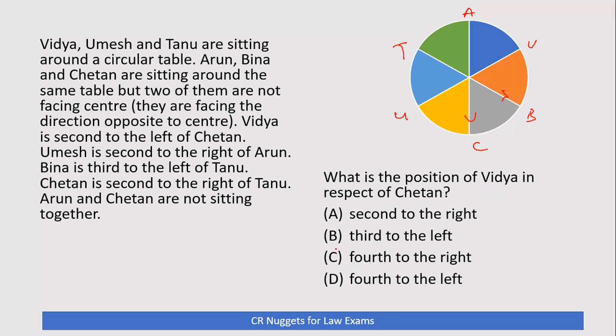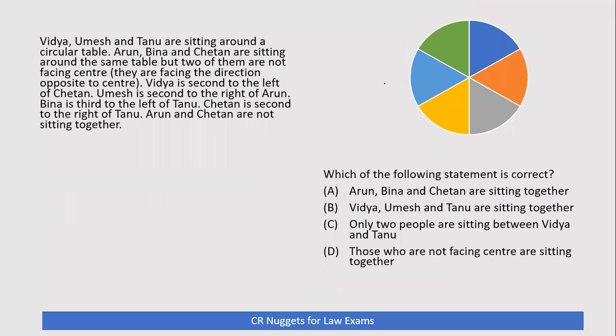What is given to me is fourth to the right. Either I count from this side or this side. From this particular side, it is second to the left. From the other side, it is fourth to the right. So the answer is the third one.